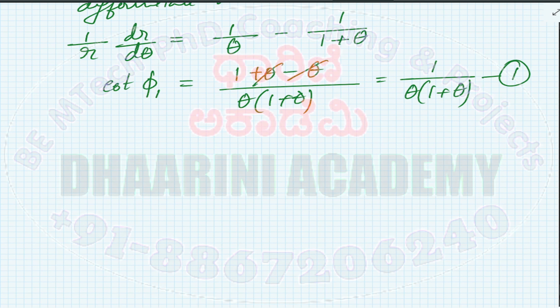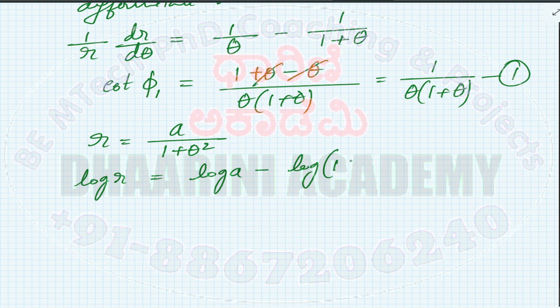So now in the next step, I have to consider the second curve. The second curve is r is equal to a by 1 plus theta square, right? So taking log, log r is equal to log a minus log of 1 plus theta square.